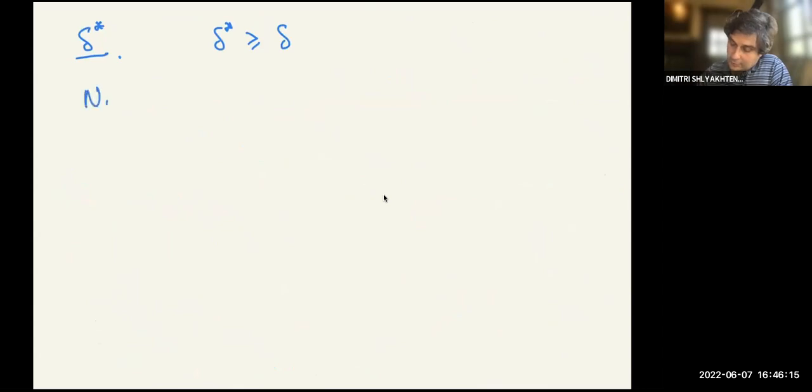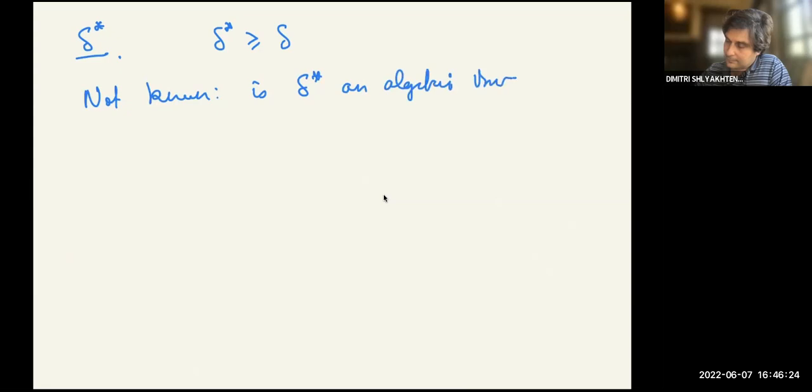Embarrassingly not known is whether delta star is an algebraic invariant. That is not known. But fortunately for a group, there is an equality that is known, and this is the last thing I want to prove, or at least tell you about.